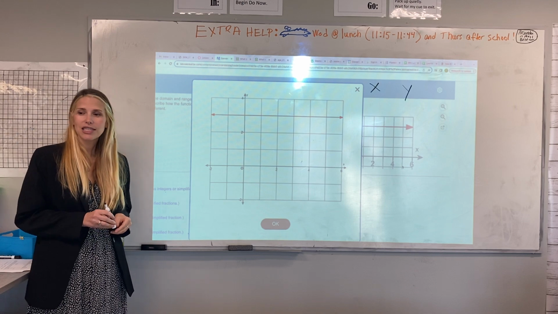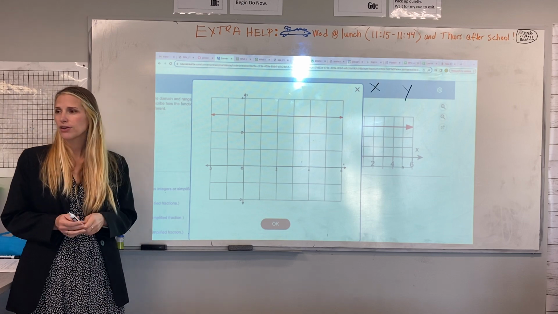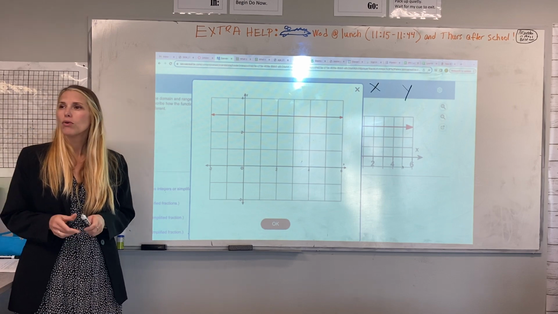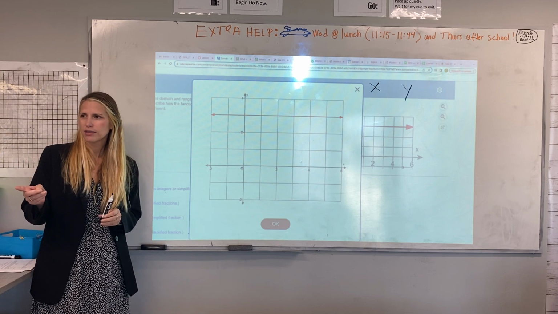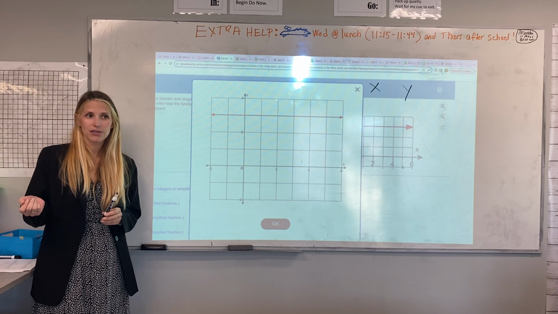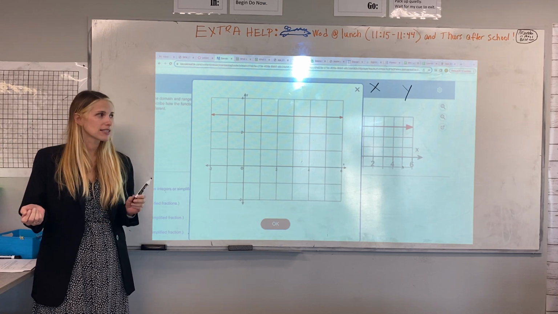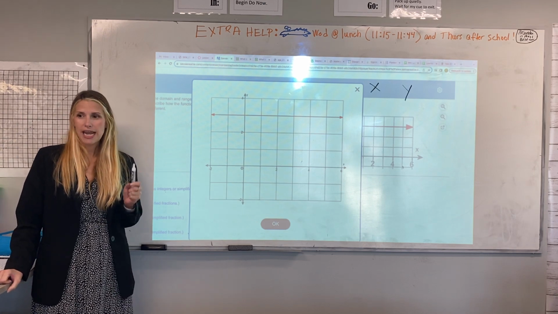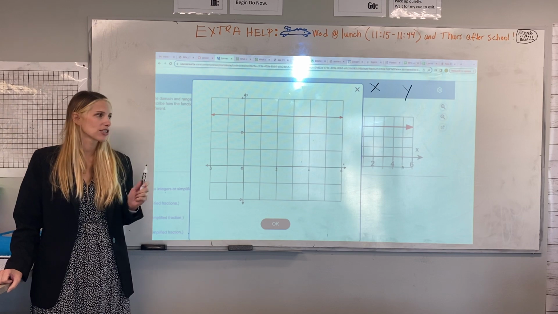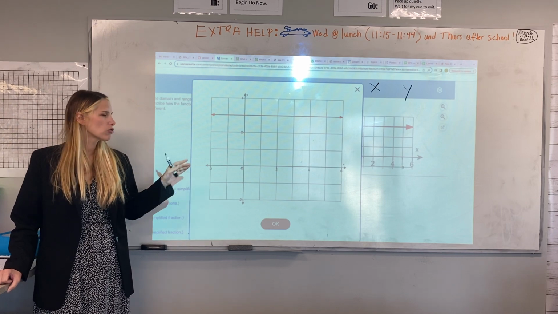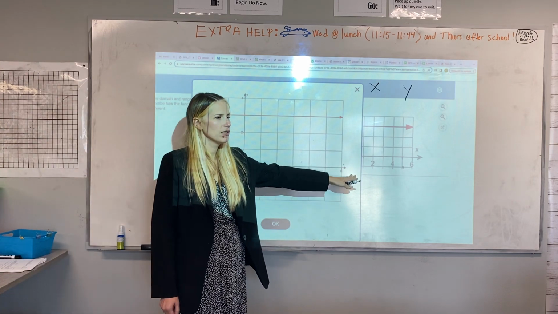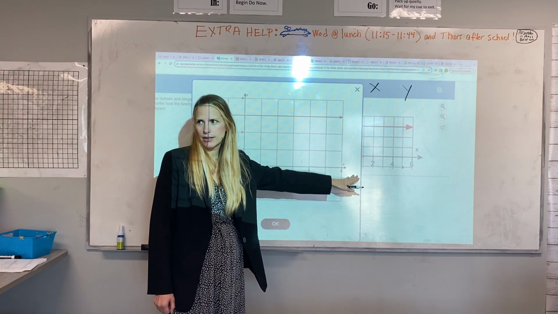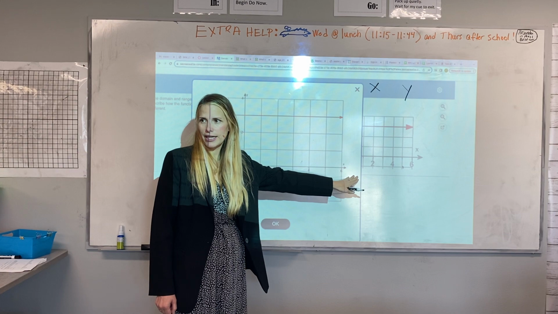Not zero. Zero is one specific value. Undefined? Not undefined. All real numbers, right? X could literally be, name a number, and X could be it. Even if this graph goes on and on and on to positive a trillion, then a trillion could be an X value.